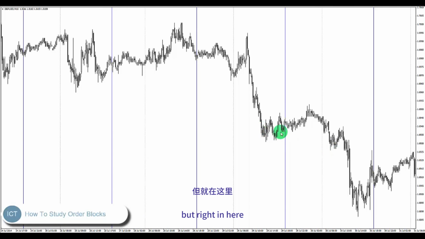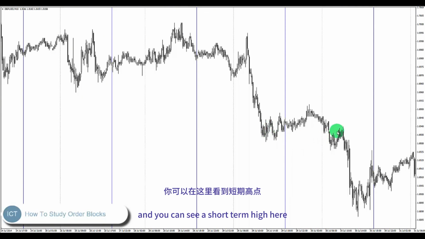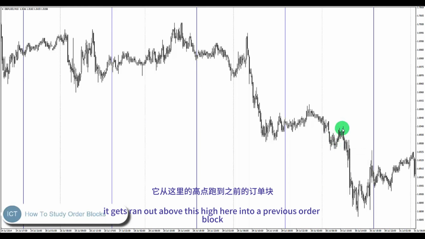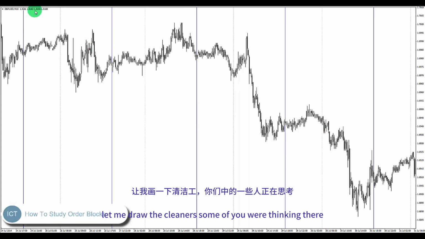But right in here, there's something that's very, very influential in terms of price. And you can see a short-term high here. It gets ran out above this high here into a previous order block right in here. Let me draw that in there because I know some of you are thinking, it ain't there.